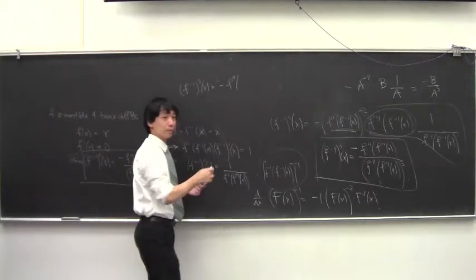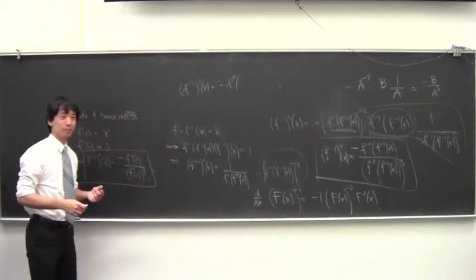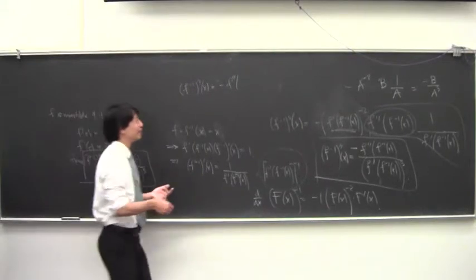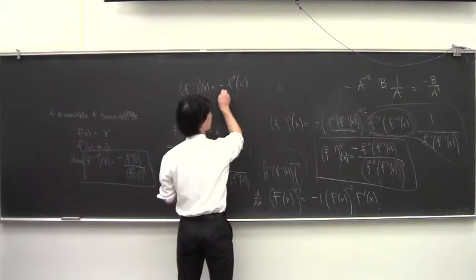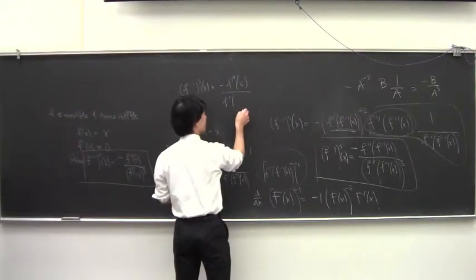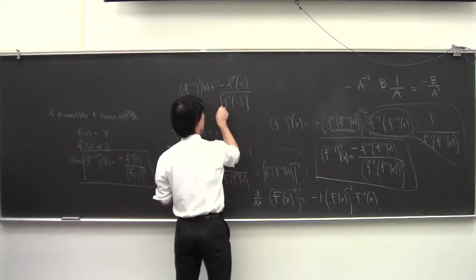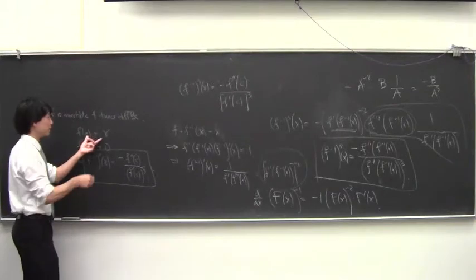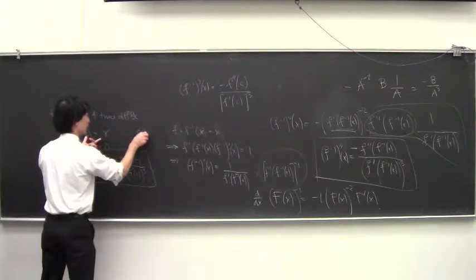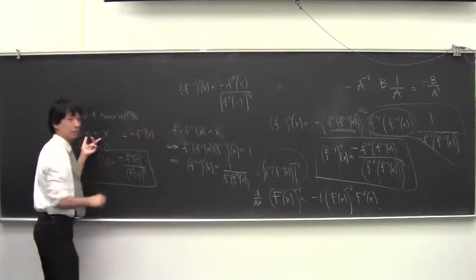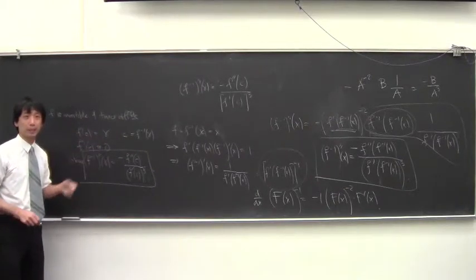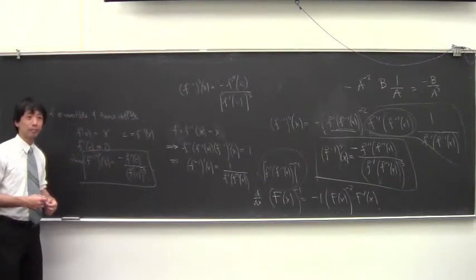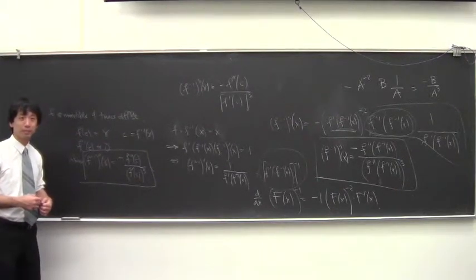Well, what's f inverse of gamma? It's c. F of c is gamma, f inverse of gamma is c.